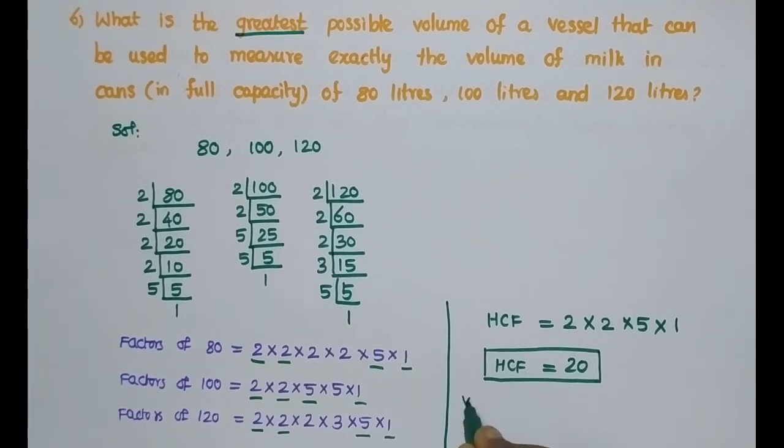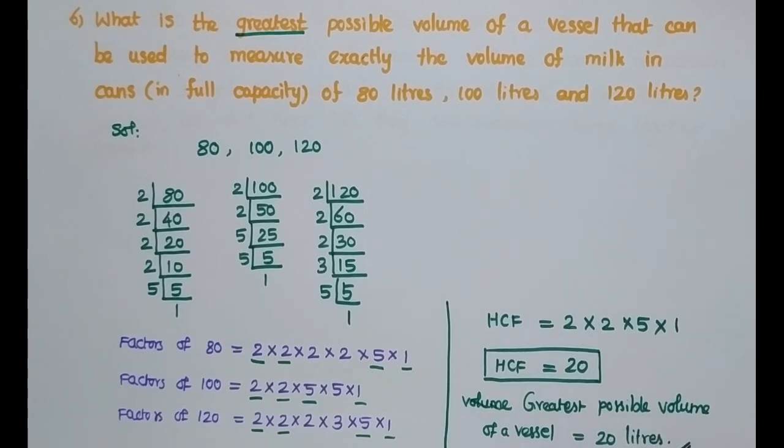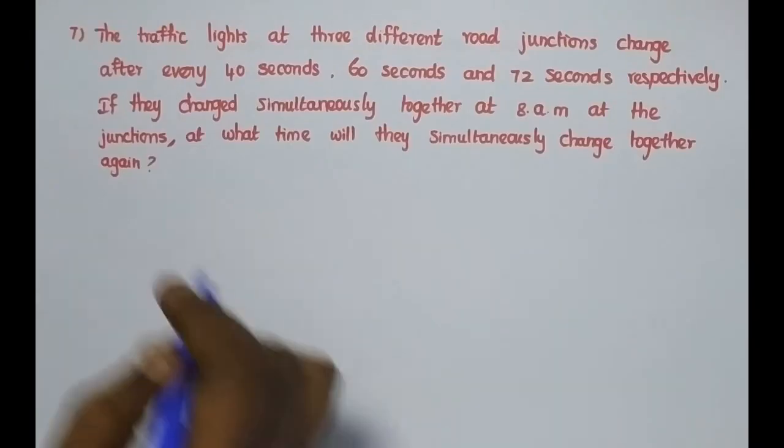So the volume of the greatest possible volume of a vessel equal to 20 liters. That is the answer. Seventh sum.